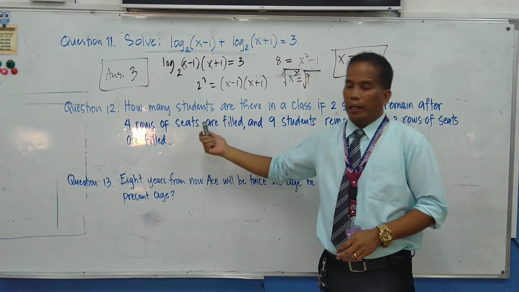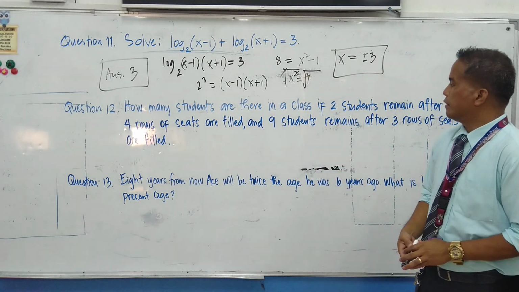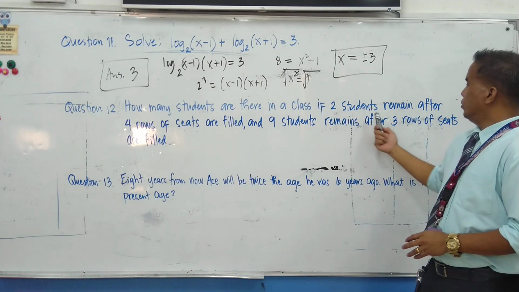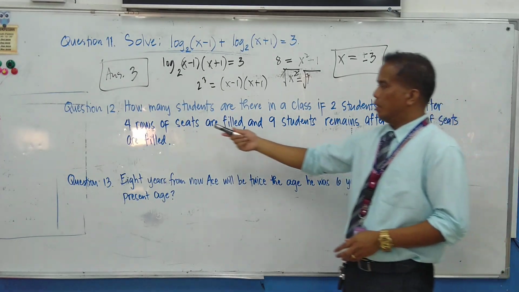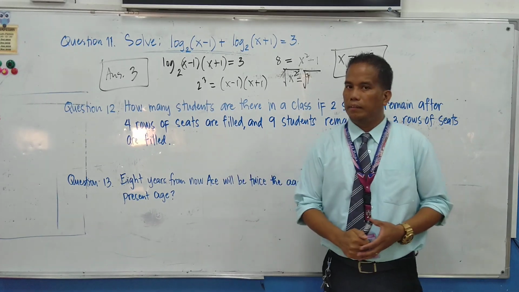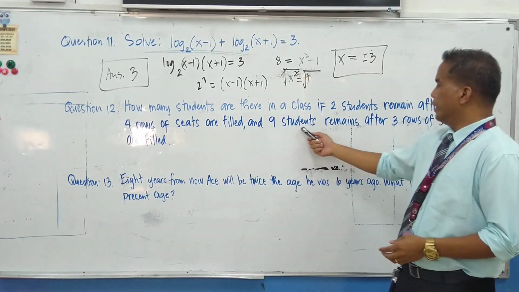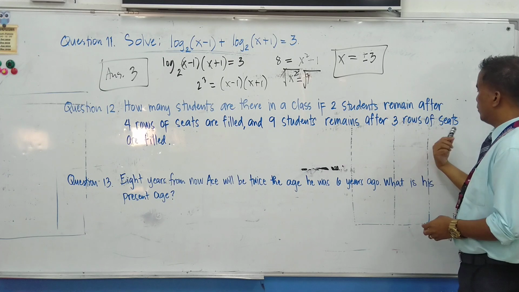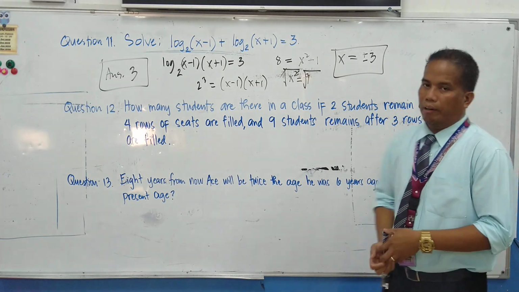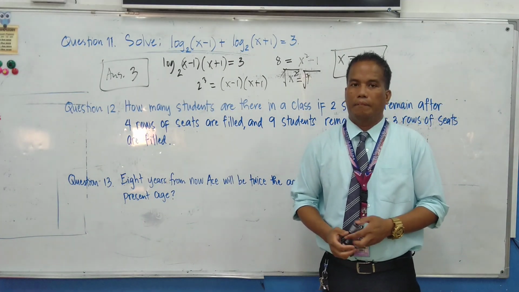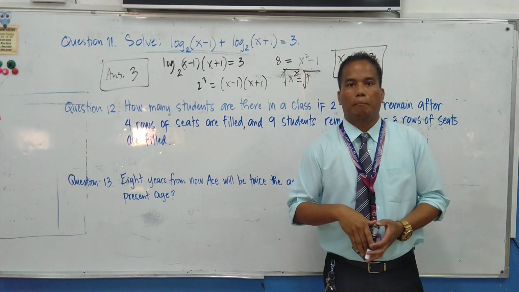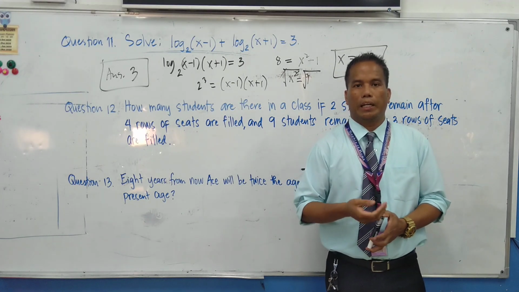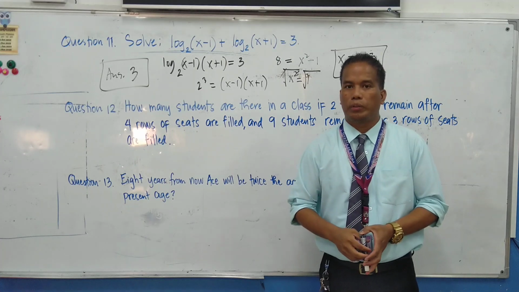How many students are there in a class if 2 students remain after 4 rows of seats are filled, and 9 students remain after 3 rows of seats are filled? Okay. Now, in this case, we can solve this problem using algebraic expressions.